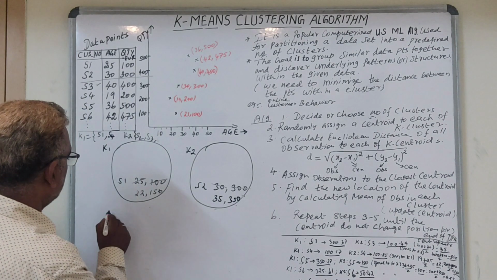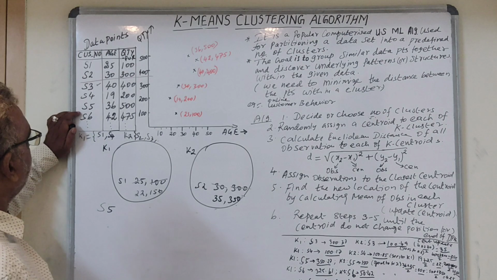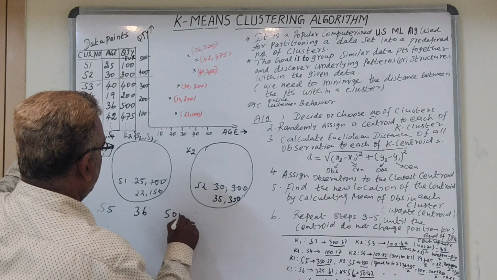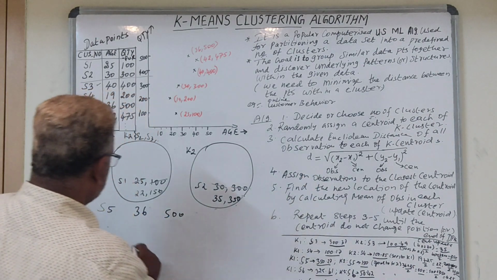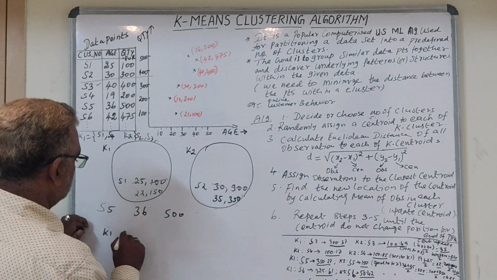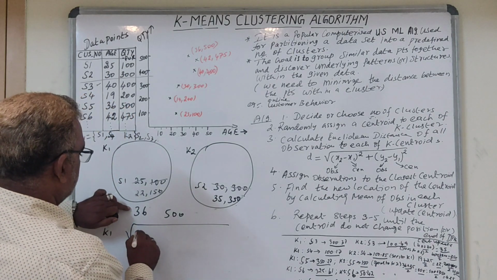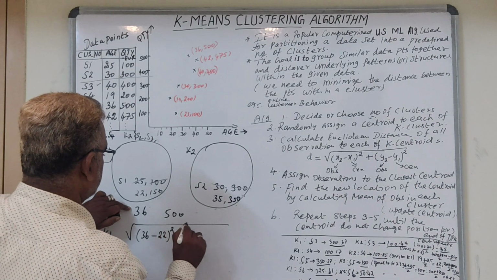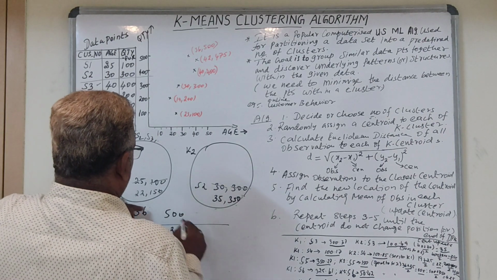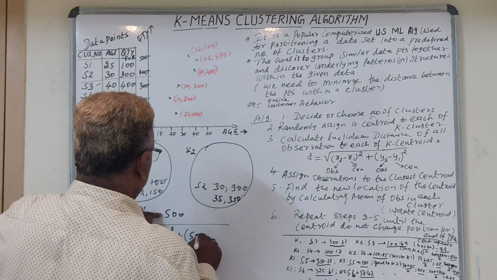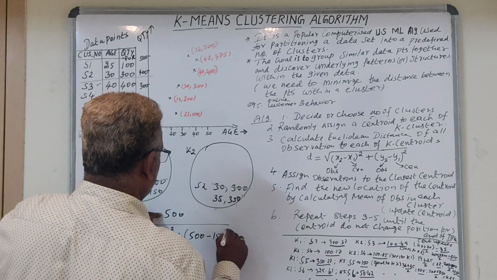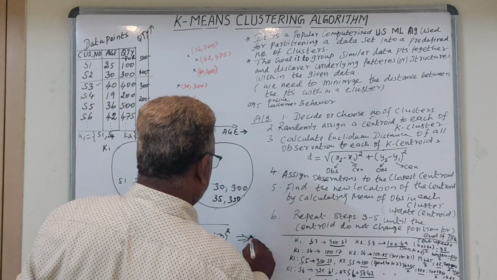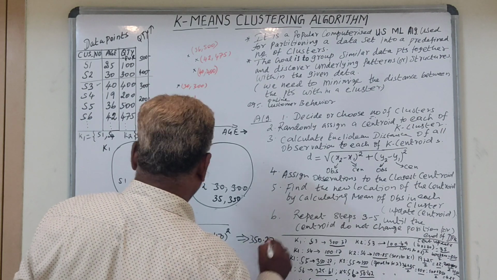So the next data point is S5, which contains the values 36 and 500. In order to find out the distance for K1, square root of 36 minus 22 whole square plus 500 minus 150 whole square. So for this the value is 350.27.